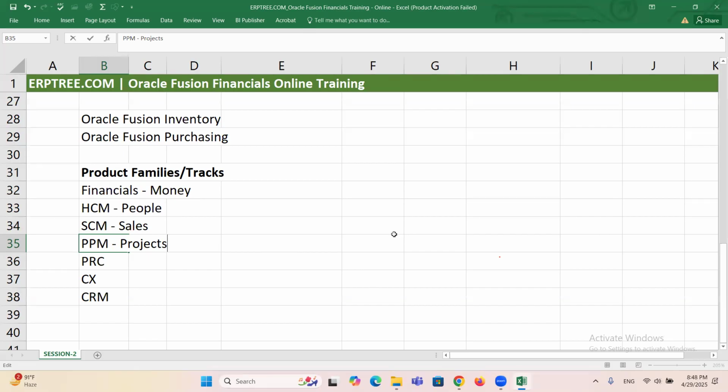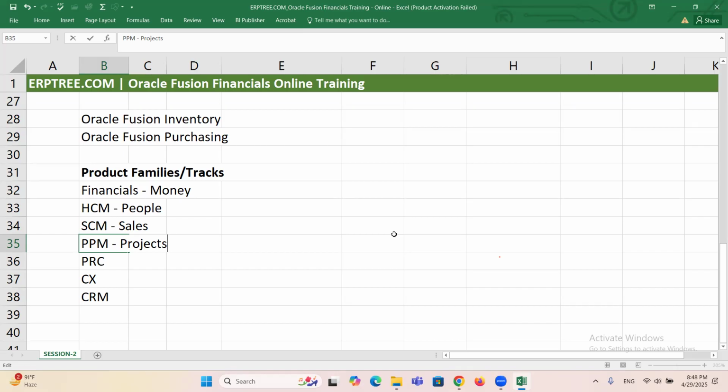The project may be internal, for example constructing a building for their own business. Then they have to capture the building, the duration, how many resources are working, and how much they are spending on materials like bricks, iron, cement, and different raw materials.